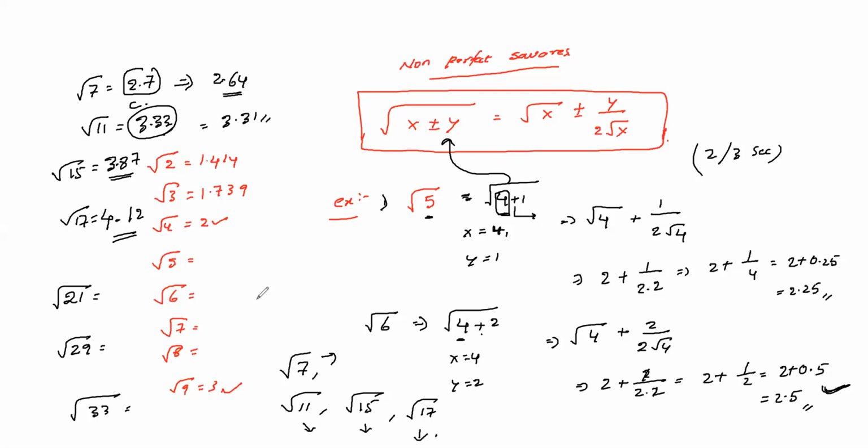Anyone? Answer? 4.6, sir. Super, correct. 4.6. Approximate; in the calculator it is 4.58. Good. So next one, root 29.